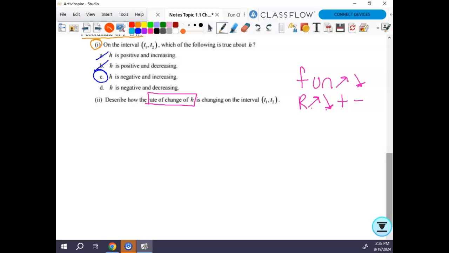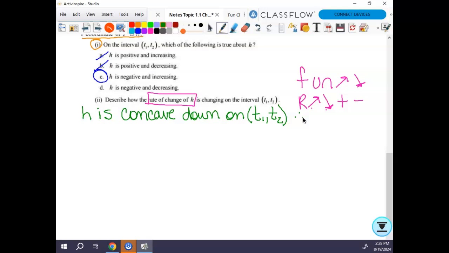But I can say here that h is concave down on t1 to t2, right? And then I can do, what do those little 3 dots mean?